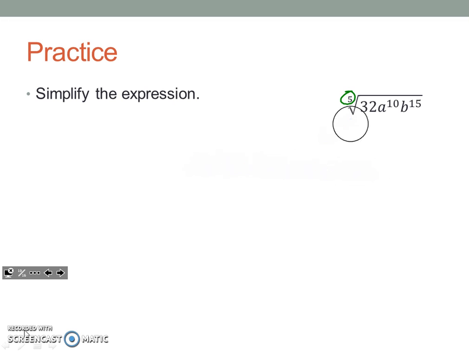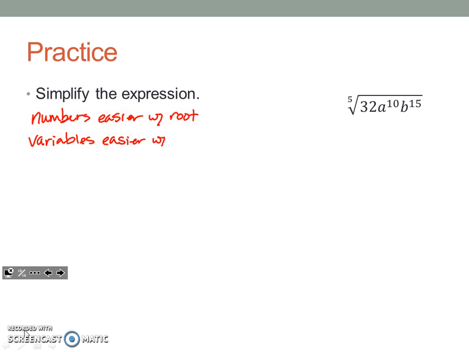So we can use our exponent rules to help us with this. Now, I'm going to tell you guys right now when you do these, numbers are easier with roots, so leave them as roots. And variables are easier with our fraction exponents.